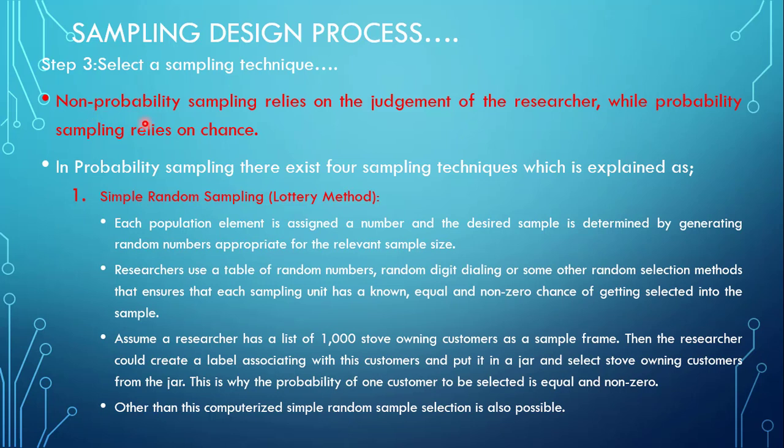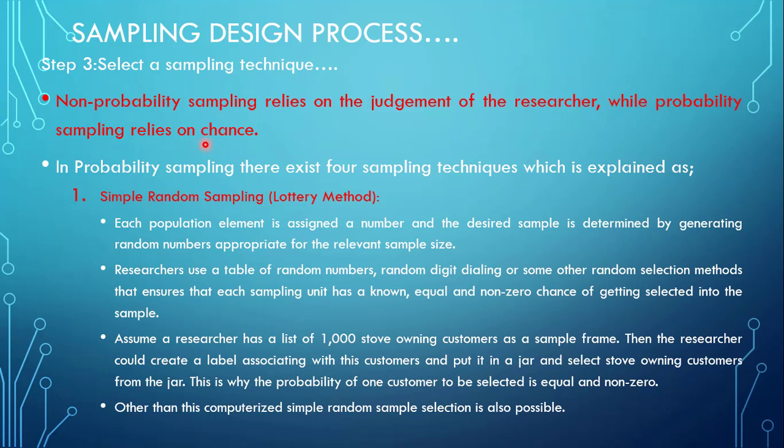So it is known as non-probability sampling, and it completely relies on the judgment of the researcher. But if you are going to use probability sampling, then it is based on chance, and the sample to be drawn from the population will have an equal and similar non-zero chance to be included.